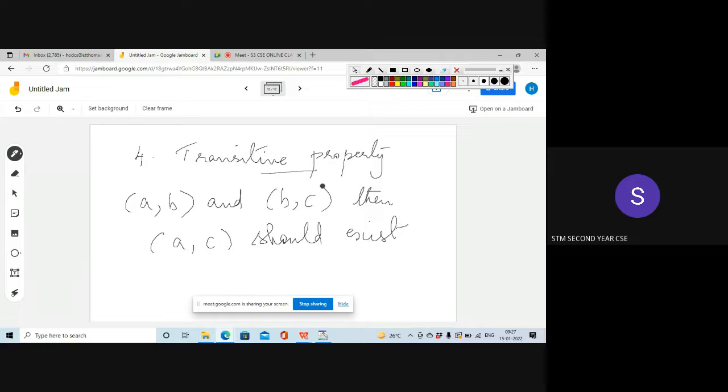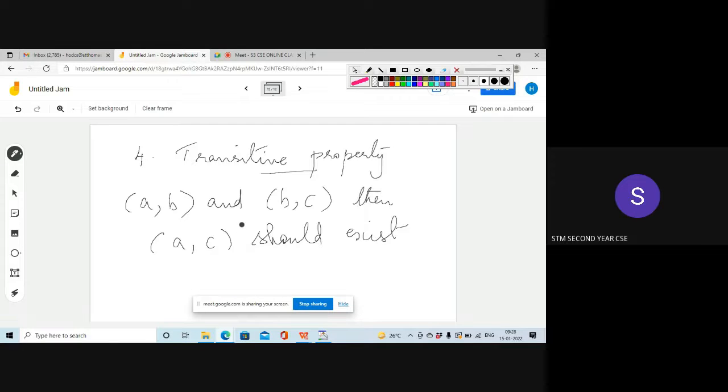I'm not giving you the set notation definition. I'm just giving you the statement which you should study. If you study this, then you will be able to understand what this property is.